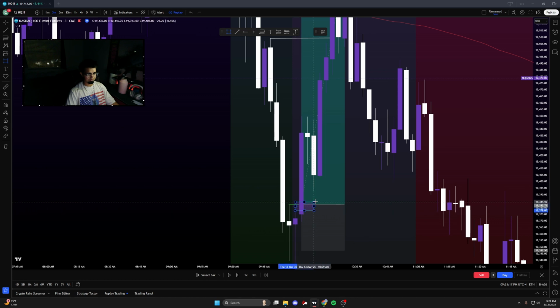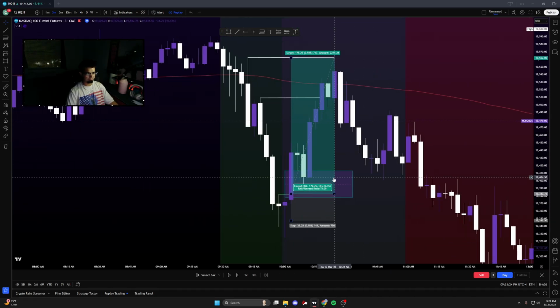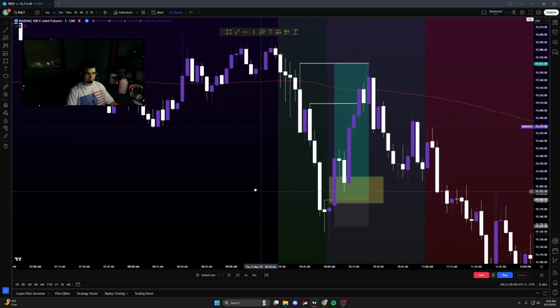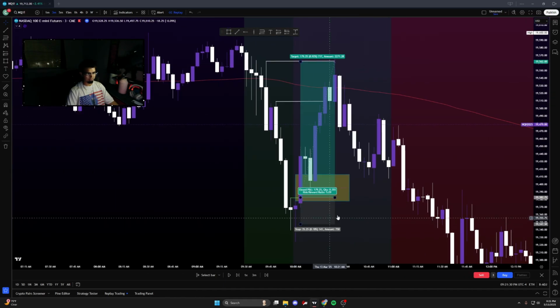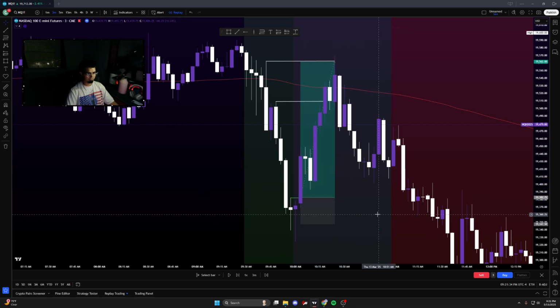So that's what also gives us a reason to be confident in this trade, is that we have this inverse fair value gap be respected. I actually showed this exact example in the inverse fair value gap video. But that's what a break of structure is.